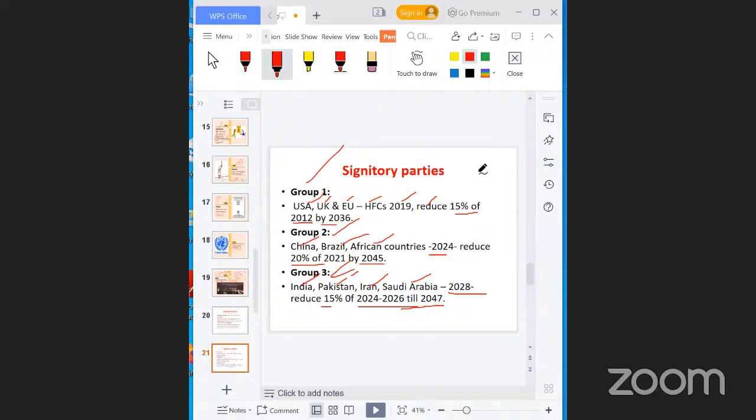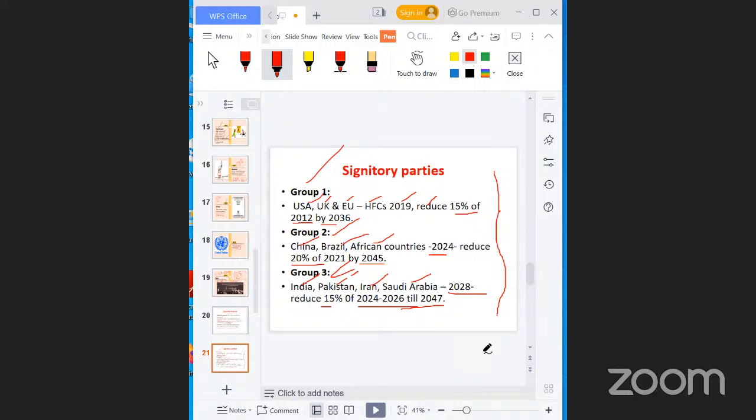So these are the signatory parties, in three groups. It also has a provision for a multilateral fund for developing countries for adaptation and mitigation.